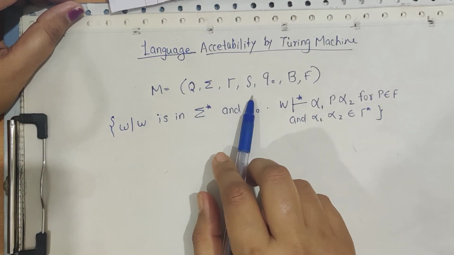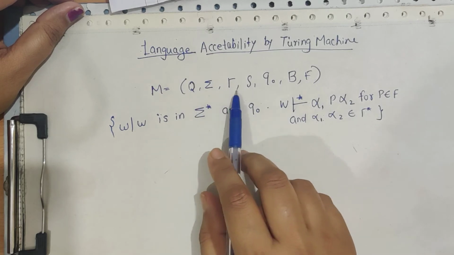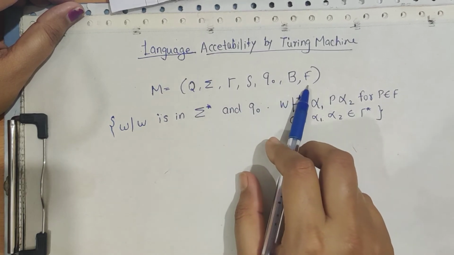The Turing machine consists of 7 tuples: Q, sigma, tau, delta, q0, blank, and the final state.